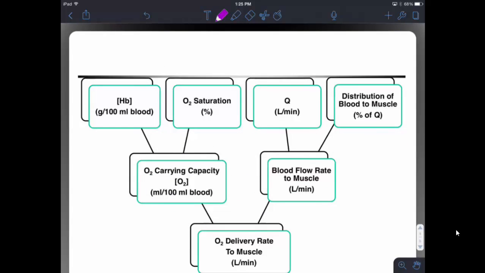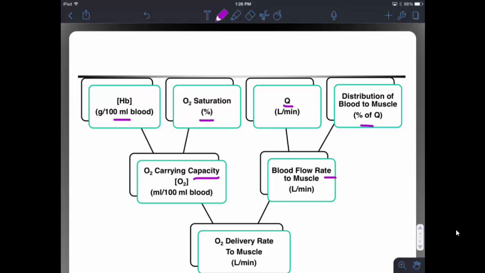And we said that the oxygen carrying capacity of blood, or the oxygen concentration of blood, is determined by hemoglobin concentration and oxygen concentration. And the rate of blood flow to the muscle is determined by cardiac output and the distribution of cardiac output to the muscle. Okay? So these should be familiar.